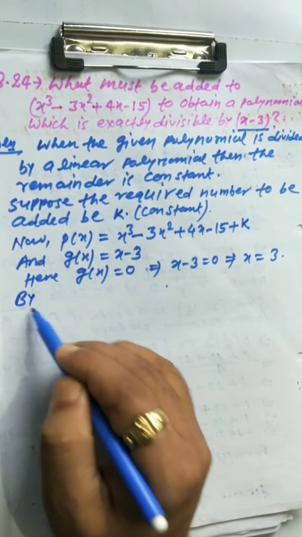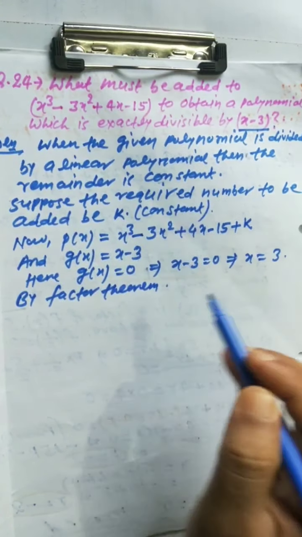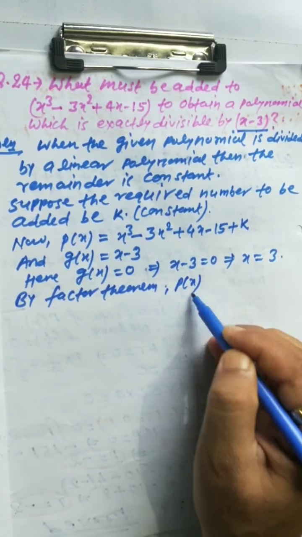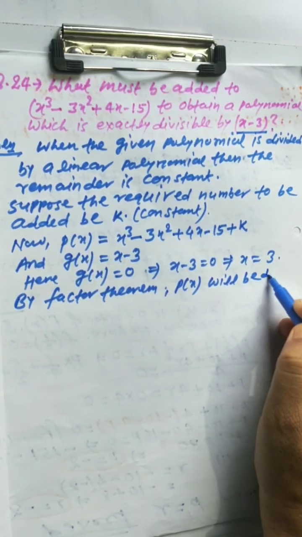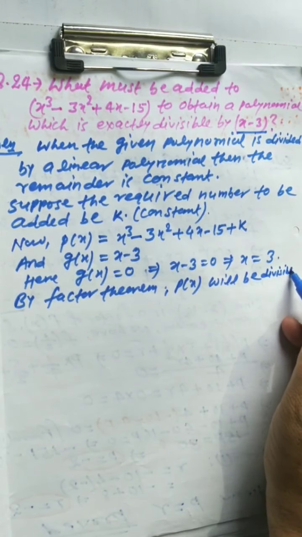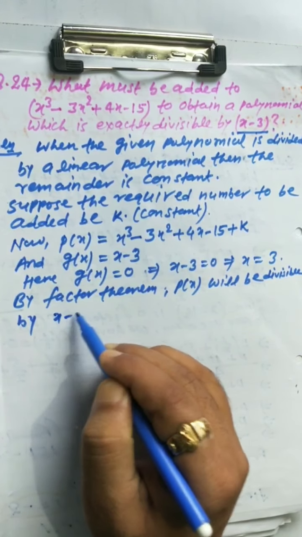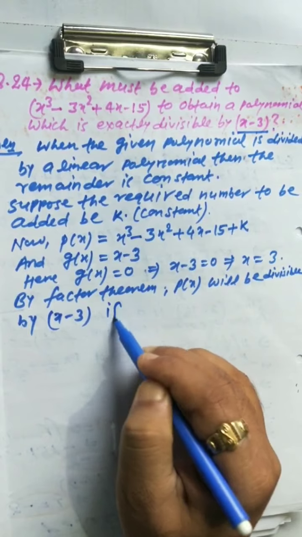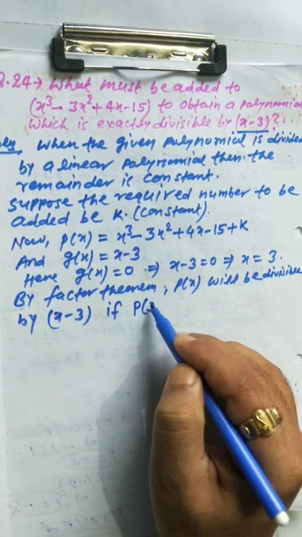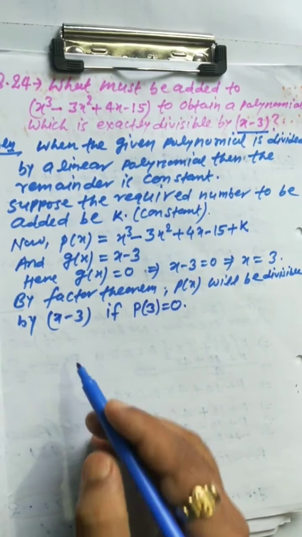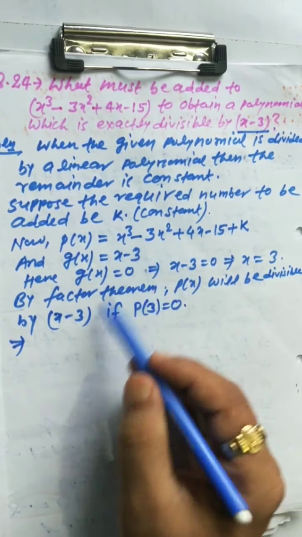Now by factor theorem, p(x) will be divisible by x minus 3 if and only if the value of this polynomial p(x) at x equal to 3 will be equal to 0. So this implies that, now let us replace every x by 3.